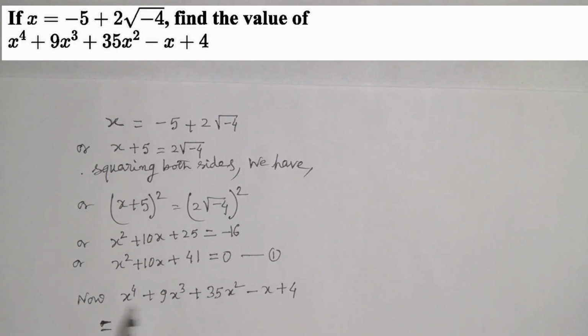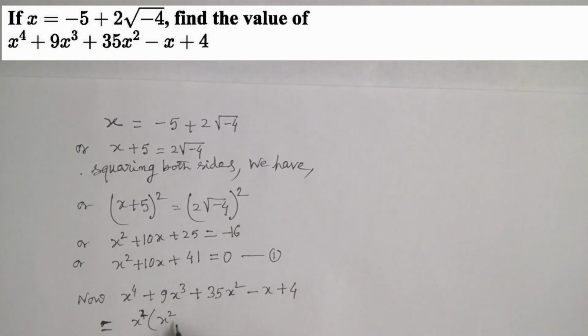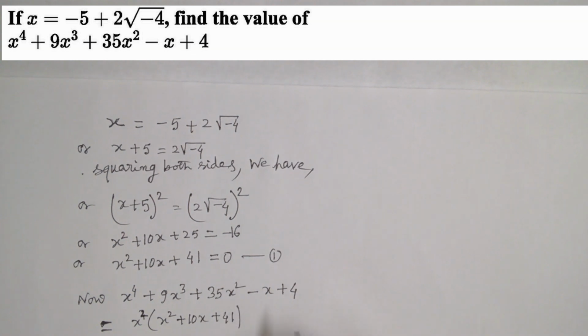We will express this in terms of this because the value of this is equal to 0. So writing x to the power 4 is equal to, in this way, x square into, first writing x square, this expression: x square plus 10x plus 41.